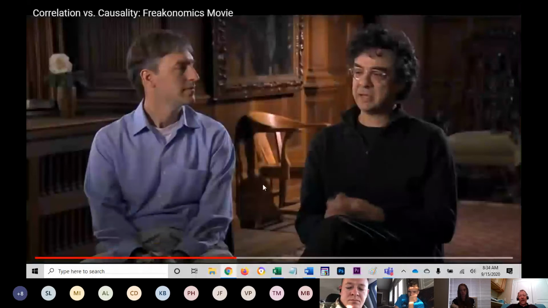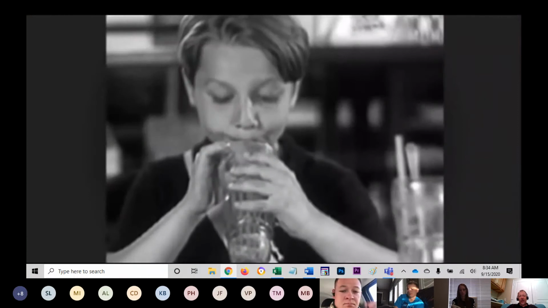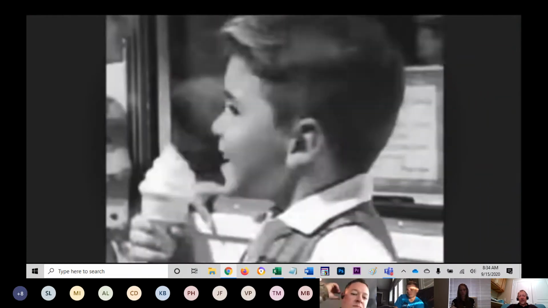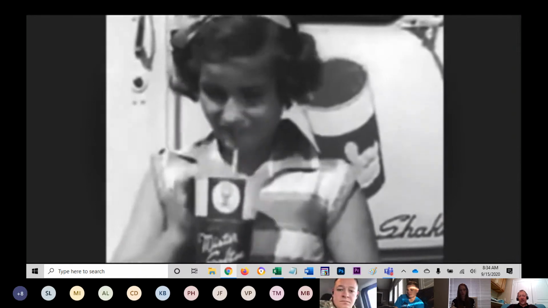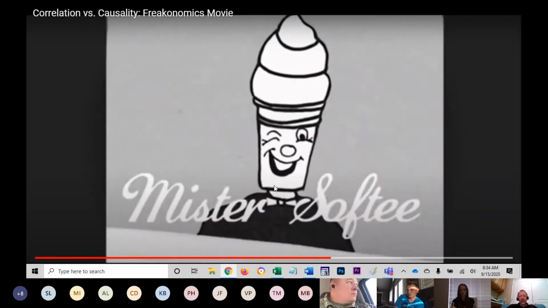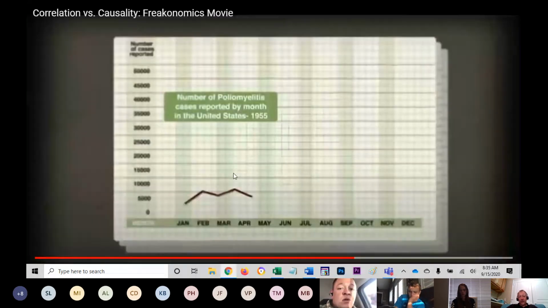But they were trying to figure out what caused polio, and so there was a line of research that said it must be ice cream. Ice cream causes polio. And so there were some people that said, oh, we got to quit eating ice cream because it's causing polio. And the reason why they thought that was because they created a correlation model here.